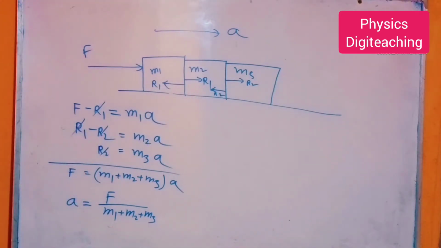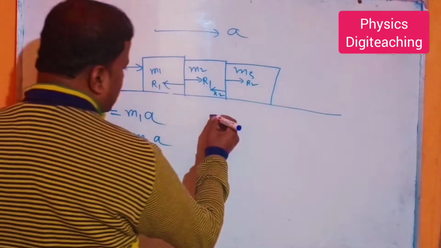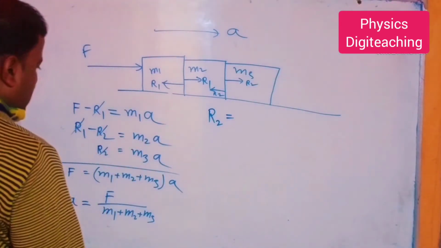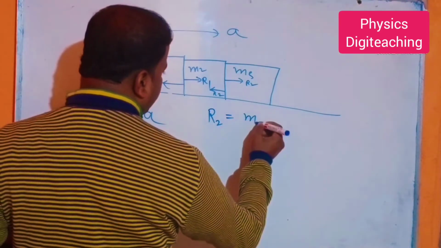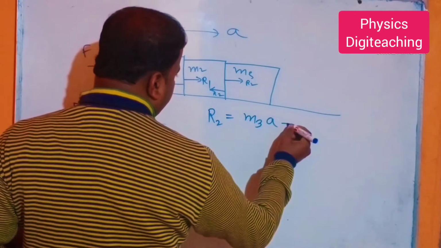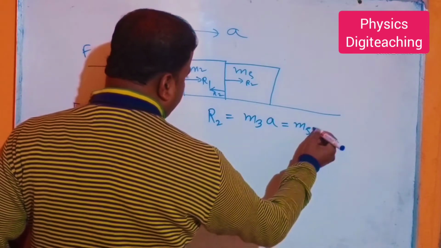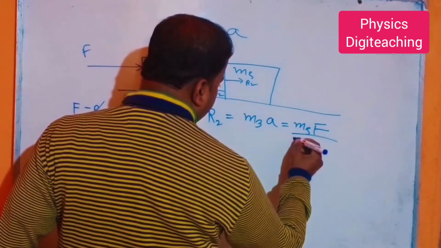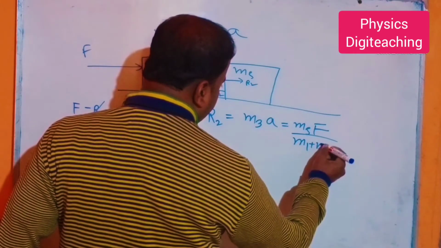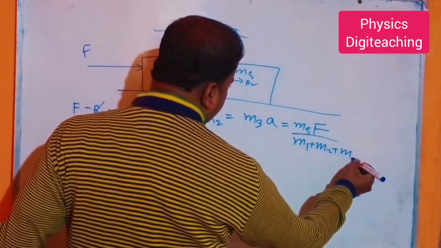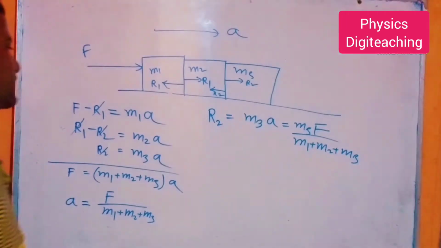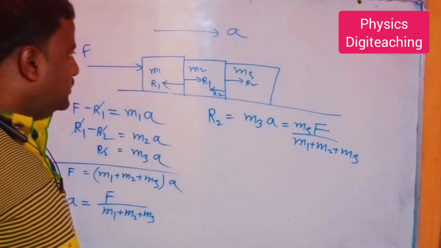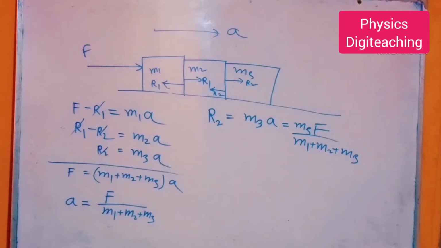From the last equation, first we find R2, and this is equal to M3 into A, that is M3 F by M1 plus M2 plus M3. R2 is the force applied on M2 by the body of mass M3.